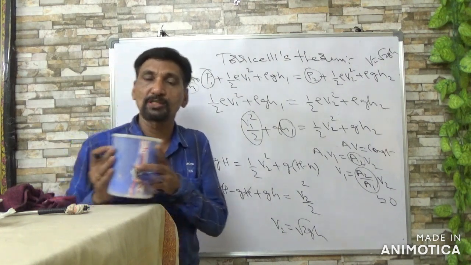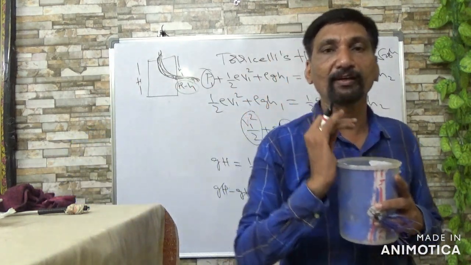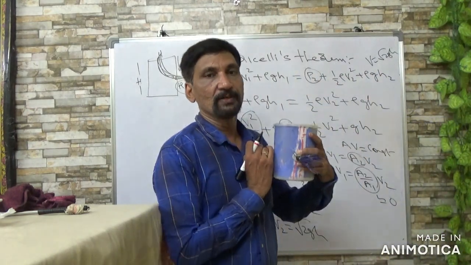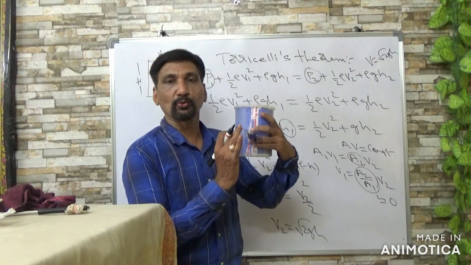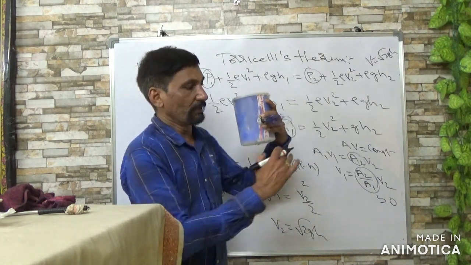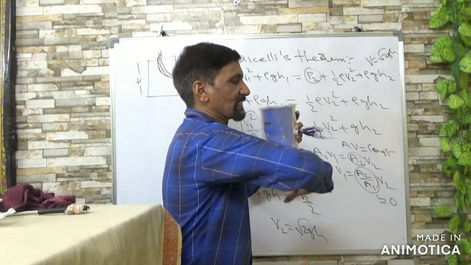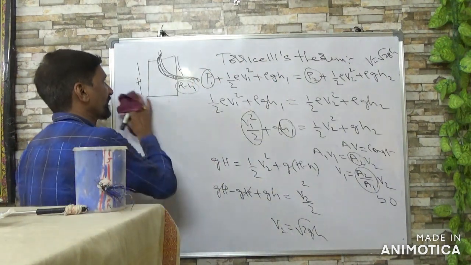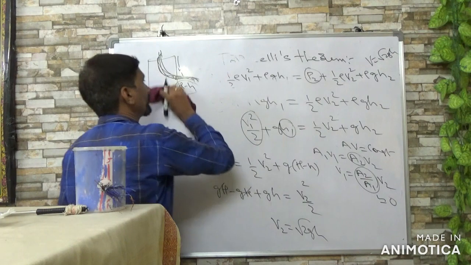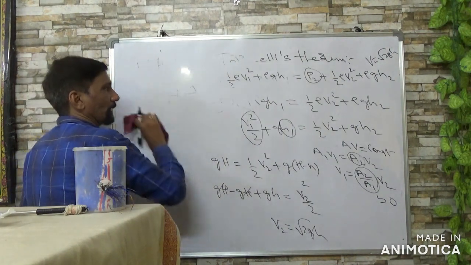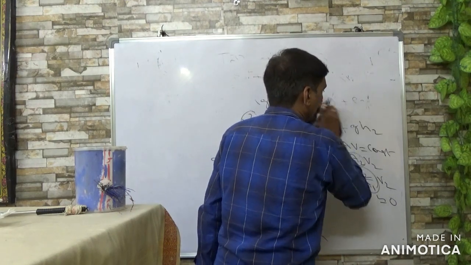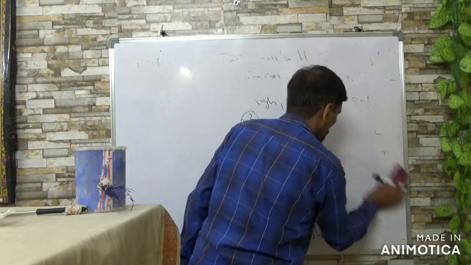Now based on this concept you will definitely be given one problem. Suppose you are given a question: where should we connect the tap so that the water covers the maximum distance? That is your question. You want to know the position of the tap so that the distance covered is maximum.